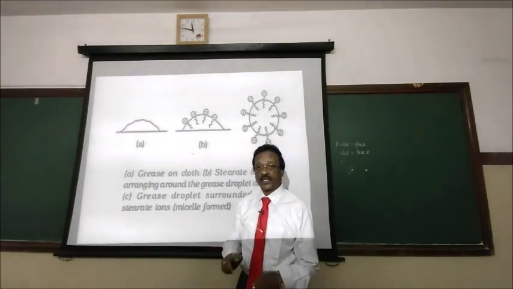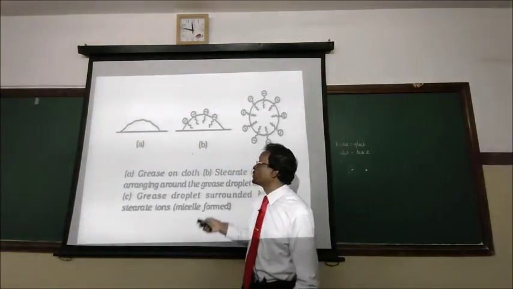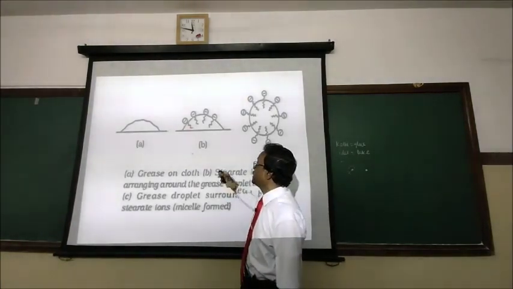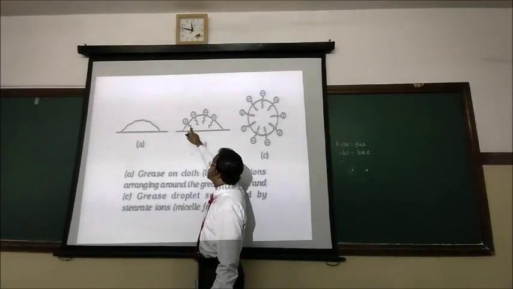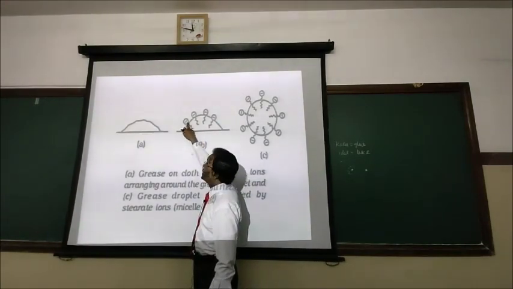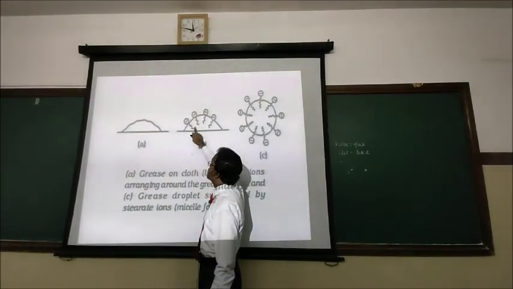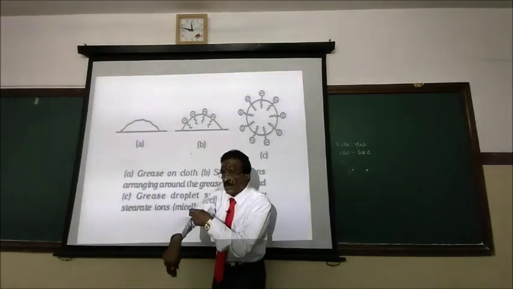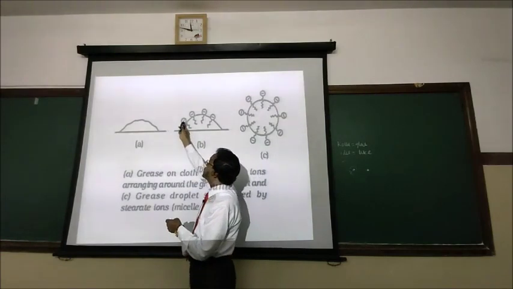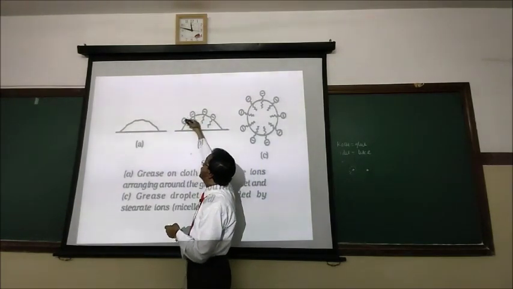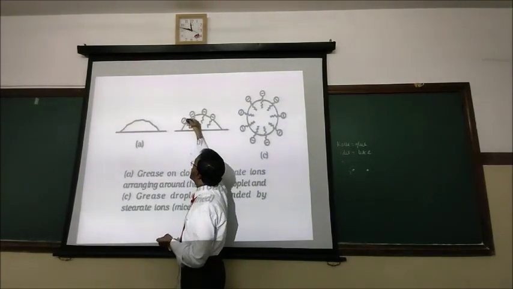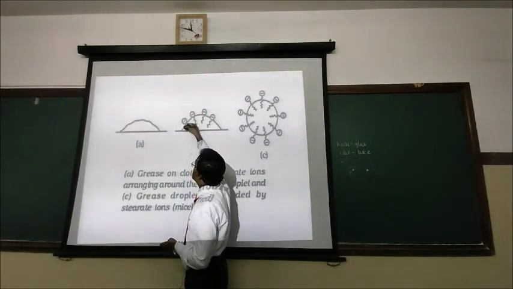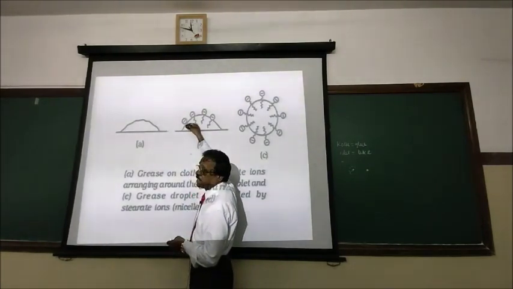At low concentration it is an ion, so that ion is pegged into the oil on the cloth. This is a hydrocarbon chain, CH2, CH2, CH2, COO minus. This is hydrophobic, and the oil is also hydrophobic. The hydrocarbon chain is pegged into the oil drop, with the binding end outwards towards the water used for washing. They are attracted towards the water and drag the oil drop. By dragging, gradually the oil leaves the surface of the cloth.